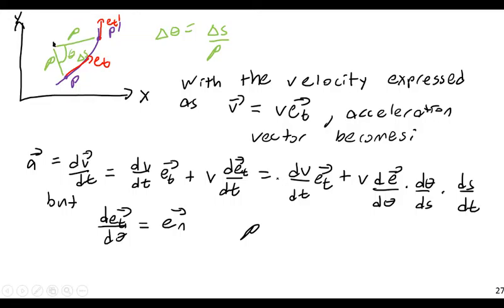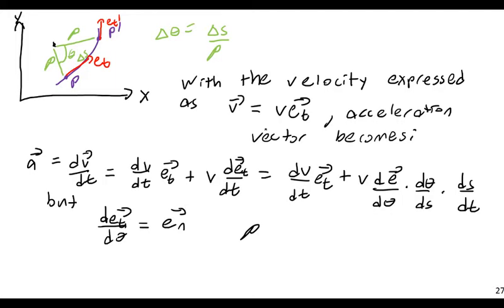Let me double check something here. No, actually I guess I'm okay with that. Let me just leave that as E for now. Okay. And rho d theta is equal to ds, and then ds dt is equal to v.